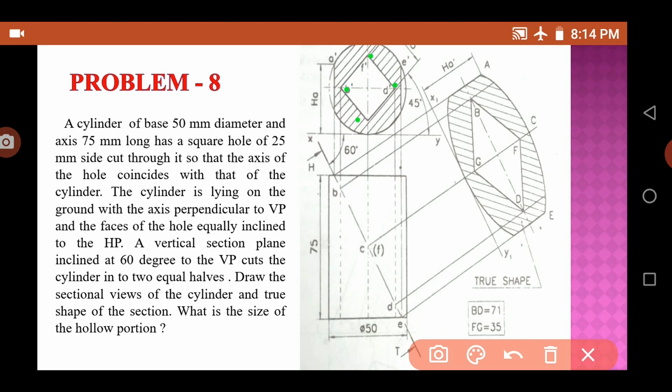Now what you have to do is draw a cutting plane. For the cutting plane there are two conditions. One is that it is in the center, and another is that it is at a 60 degree angle, and draw a cutting plane satisfying these two conditions over the cylinder.